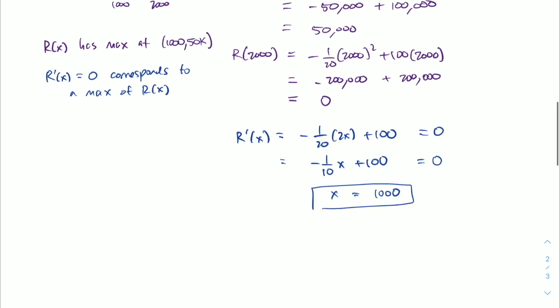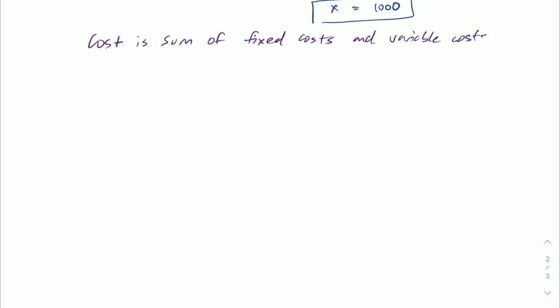Okay, so now let's talk about constructing a cost function. So cost is the sum of fixed costs and variable costs. Let's consider an example.